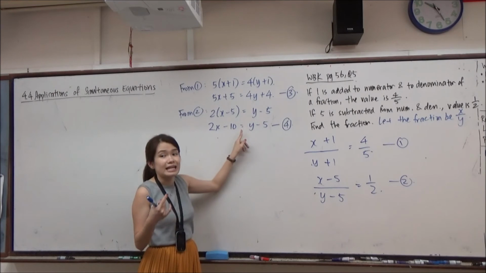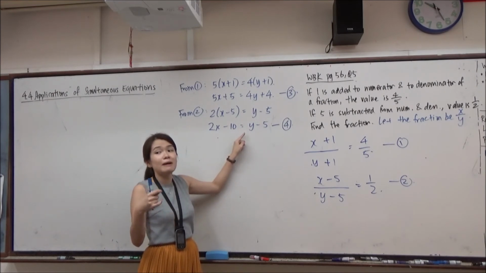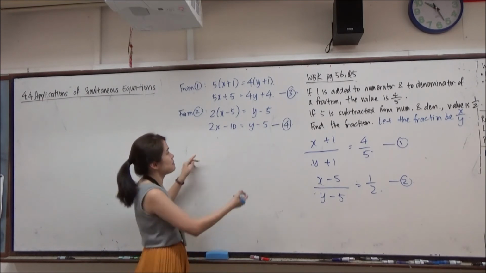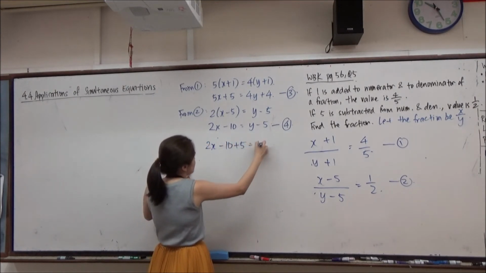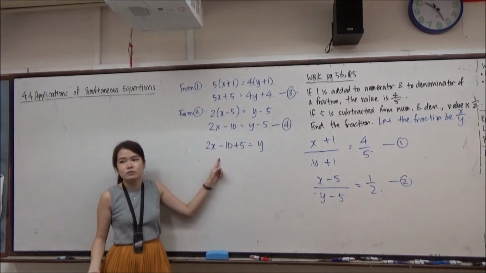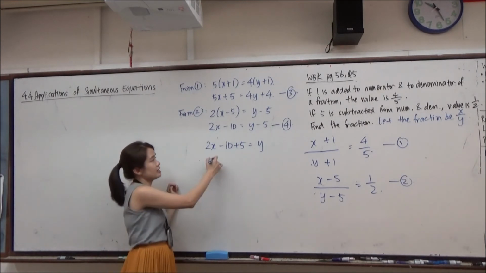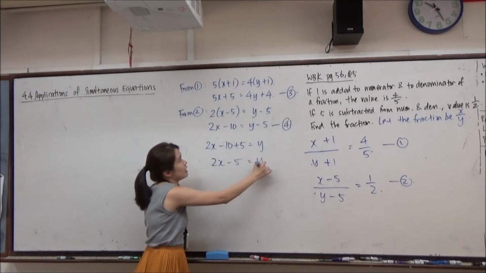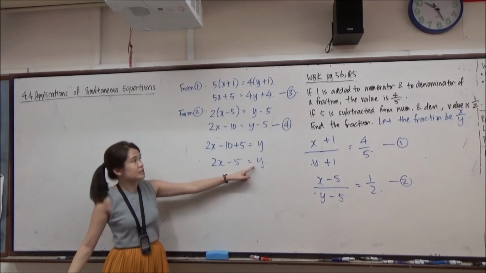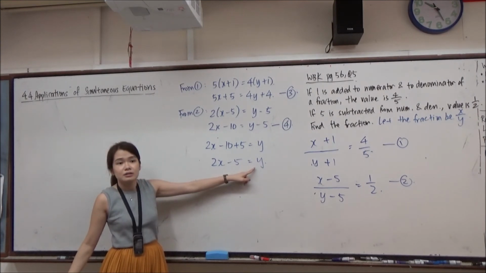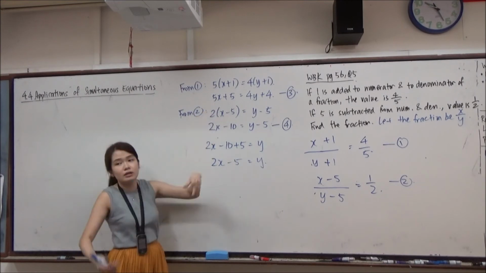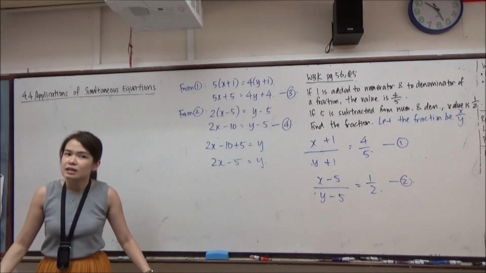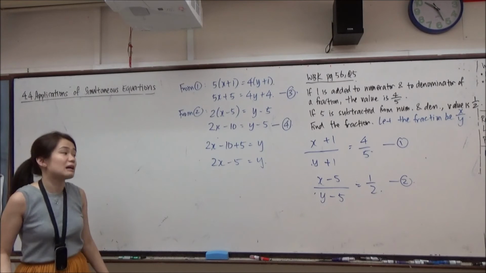Getting rid of y is slightly easier. If I do my substitution, I simply need to move the negative 5 over to the left, and I get 2x minus 5 equals to y. I already got a single y over here. It's just a few steps away to get y, and then I put it inside here, and then I can solve already. That's my thoughts on substitution.